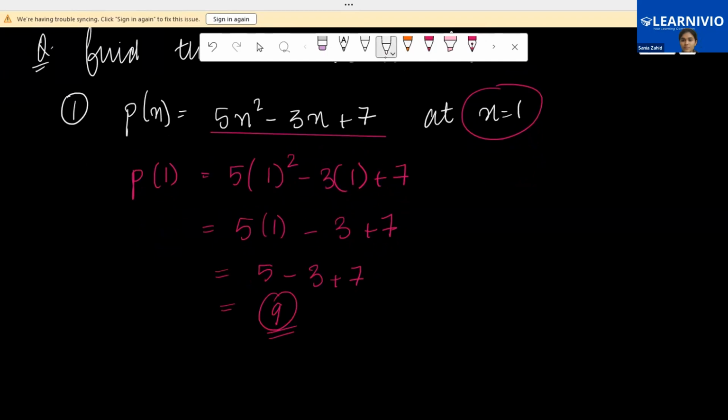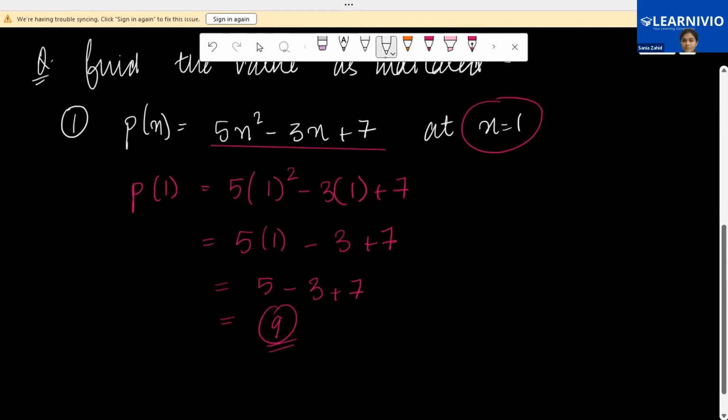Mom, I didn't understand it. Okay, Hafsa, what did you not understand? The entire thing overall. Did you understand that p(x) = 5x squared minus 3x plus 7 is a polynomial? And I'm saying that the value of x is 1. So I'm just putting this value of x in this.